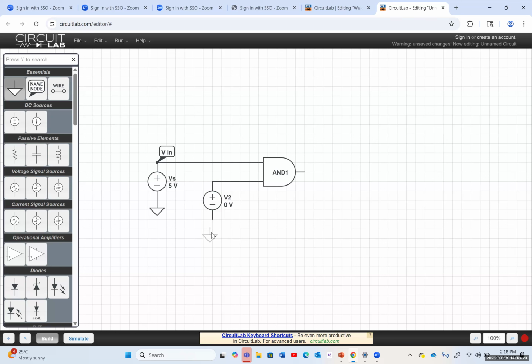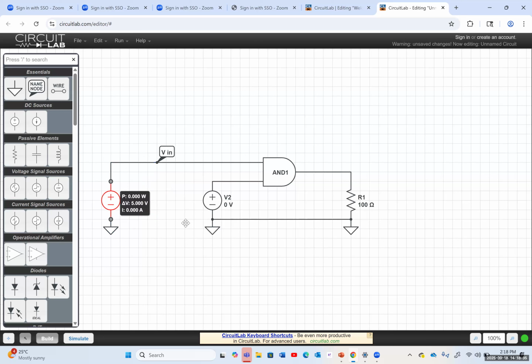You can tie the grounds or have a different ground for this. You can add a resistor in the output, load, put it at 100 ohms, and add another ground, or you can just simply tie all of these grounds together if you want to use one ground, okay?